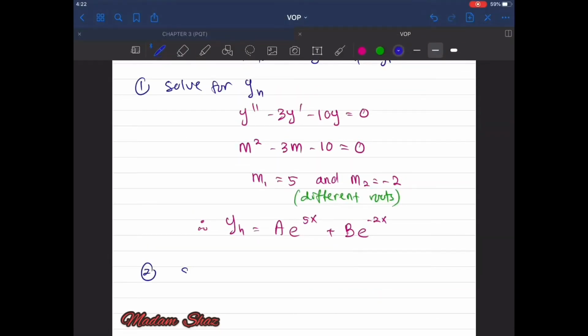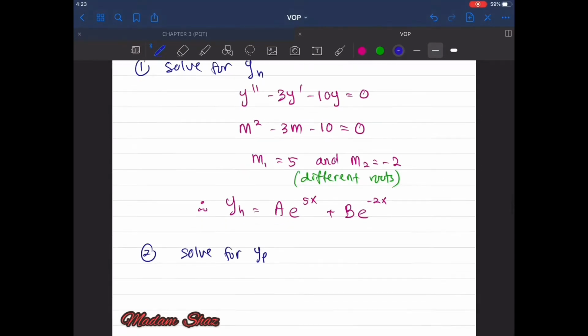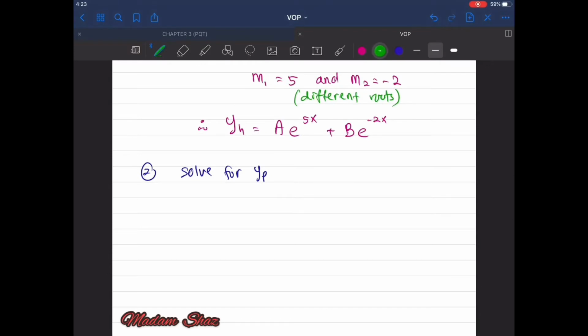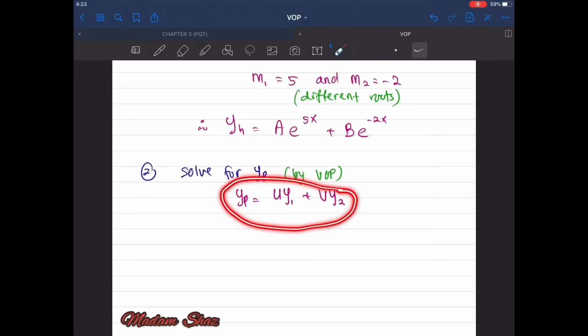Now step number 2, solve for yp. We need to solve the yp by using VOP. The solution for the yp by using VOP is yp is equal to uy1 plus vy2, which we already learned before.